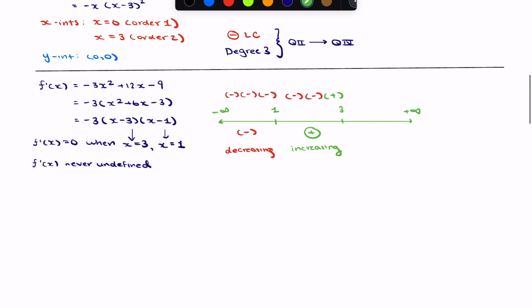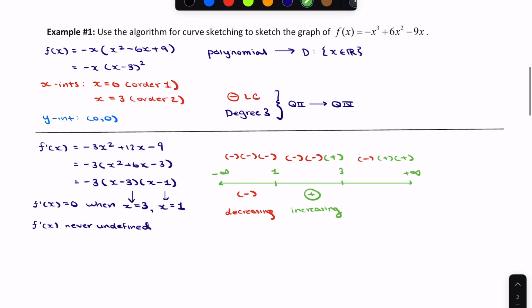Finally, from 3 to positive infinity, this interval. So the point we'll sub in is 4, for example. Negative 3 is negative, 4 minus 3 is positive, and 4 minus 1 is positive. So negative times positive gives us a negative value here, which means that it is decreasing.